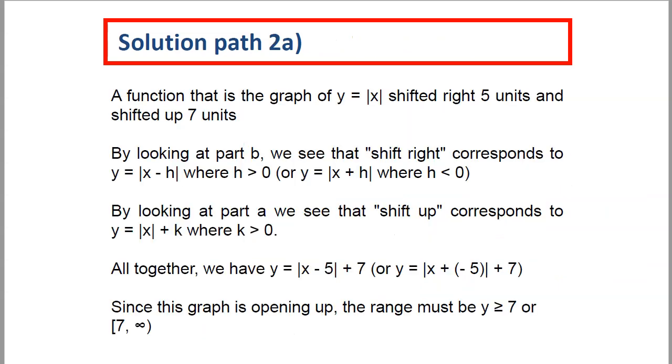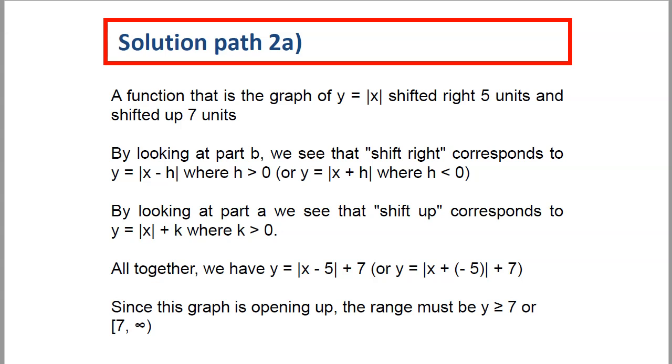Now for part 2a, a function that is the graph of y equals the absolute value of x shifted right 5 and then up 7. When we looked at part 1, we see that shift right corresponds to having y equals x minus h, where h is positive, on the inside of the absolute value. And shift up corresponds to the plus k on the outside, where the k is positive.